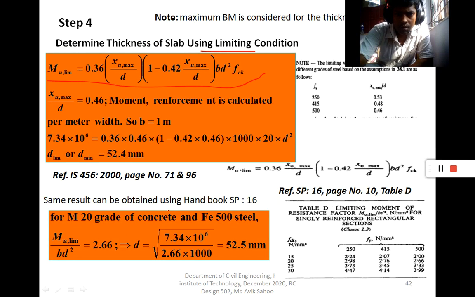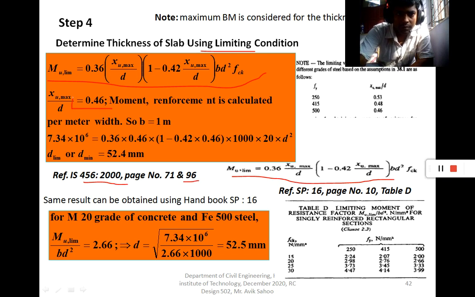Use this formula, which is given in IS 456:2000, page number 96.